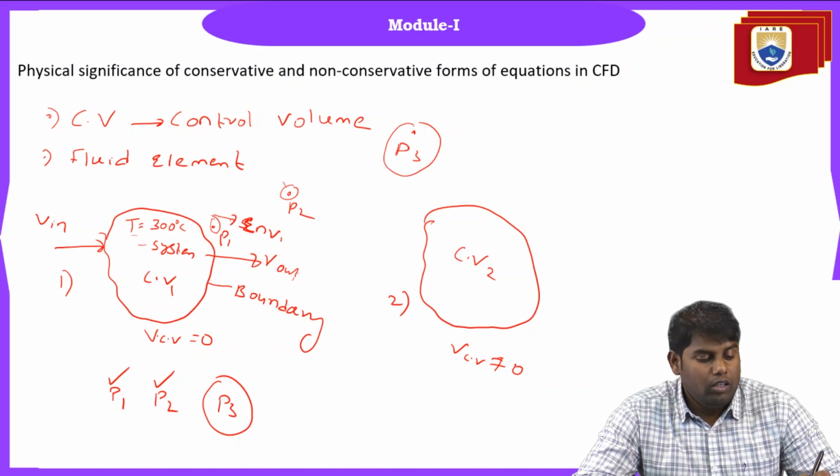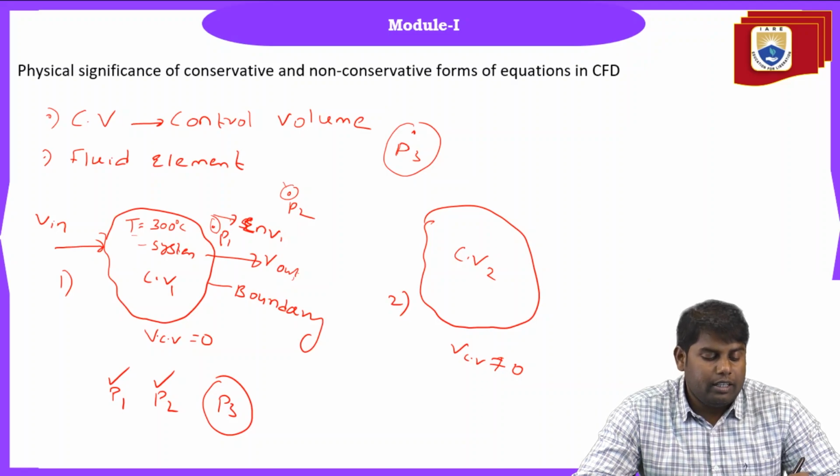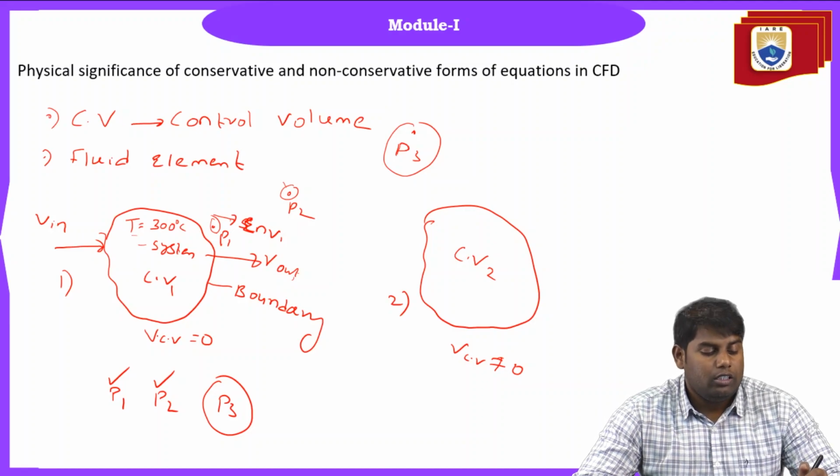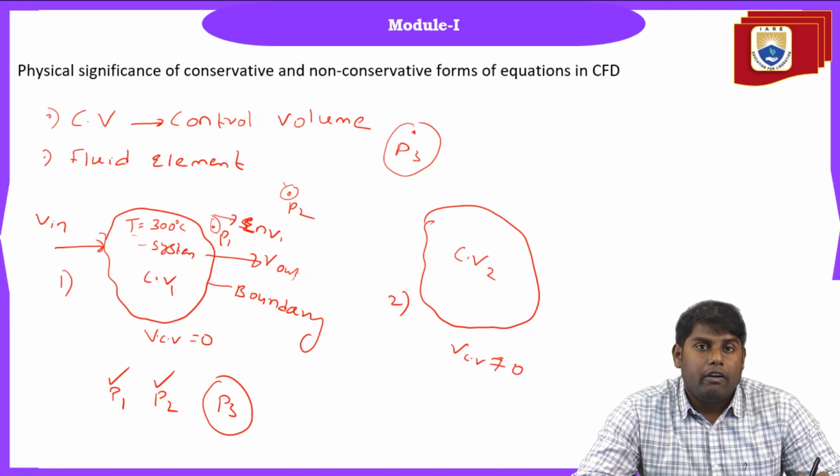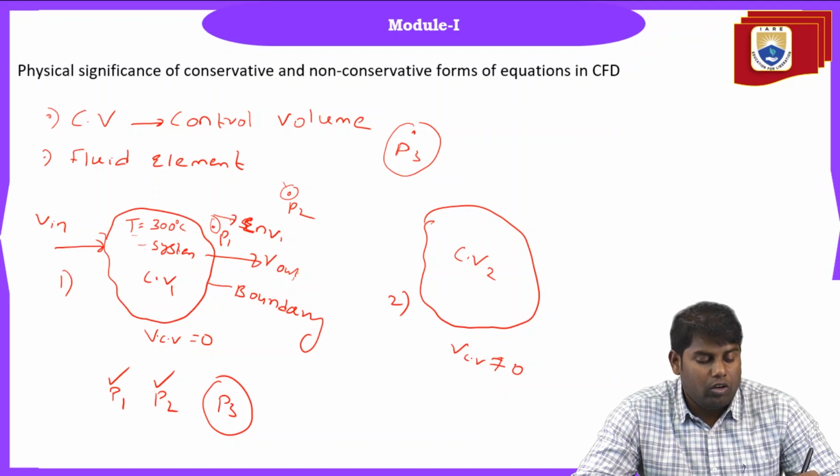When the fluid enters the control volume, it undergoes some changes or effects because of the system properties, and those changes are studied and then it leaves. So when this fluid is entering, we have to see what properties are affecting the control volume and how the fluid is affected.